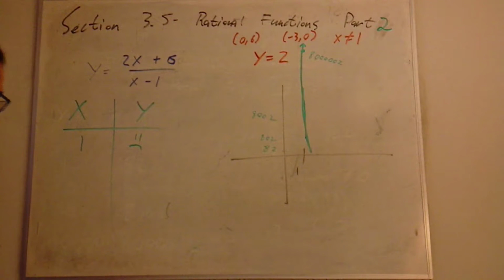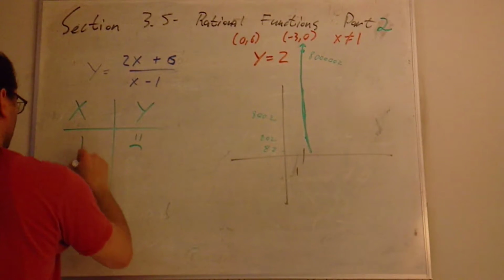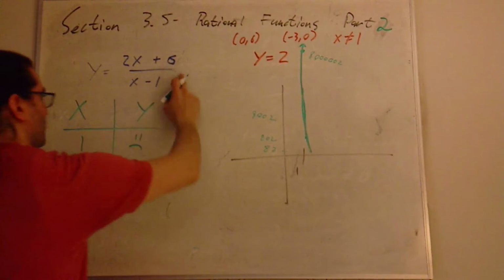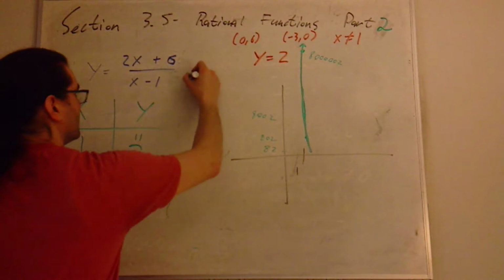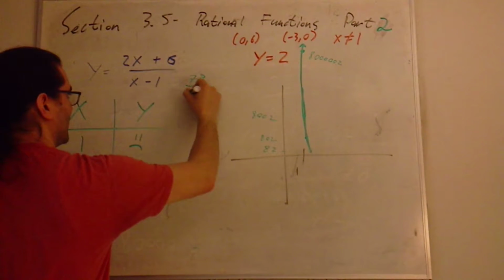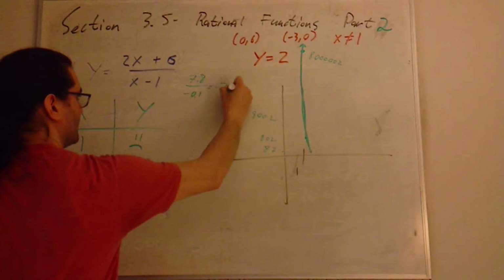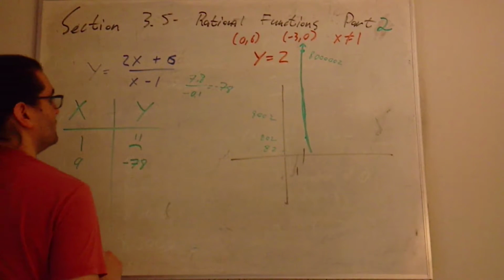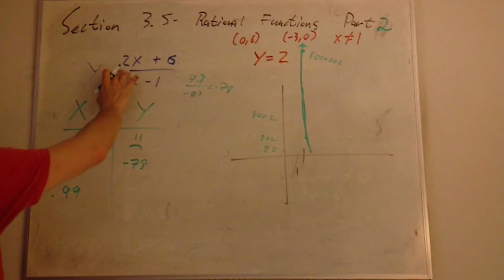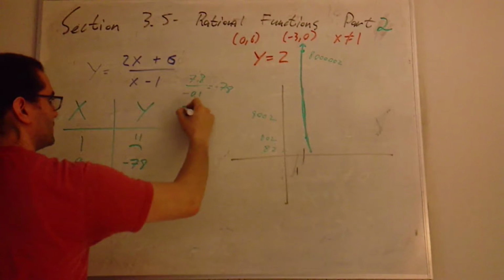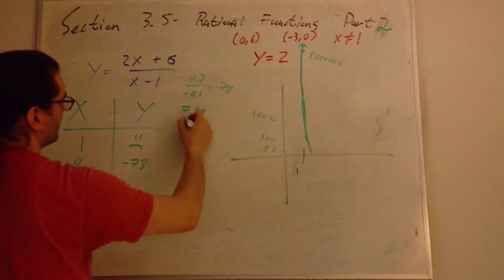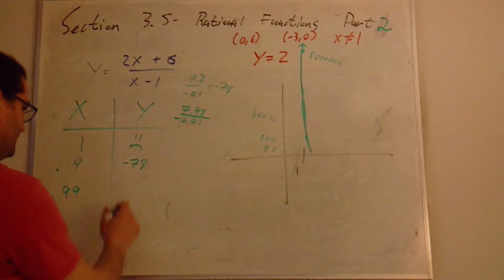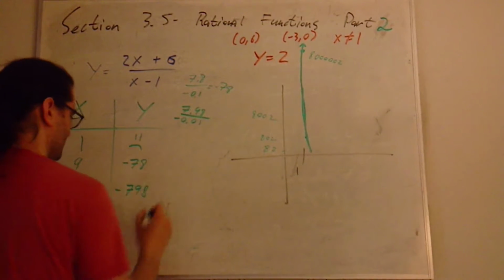So I'm going to plug in 0.99, or I'll start with 0.9. 0.9 should give me 1.8, so 7.8 divided by negative 0.1, so negative 78. 0.99 should give me 7.98 divided by negative 0.01. So this will give me negative 798.